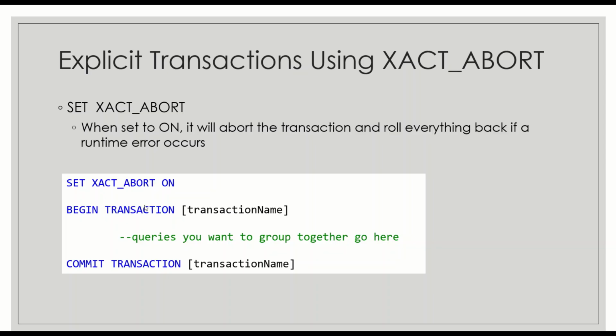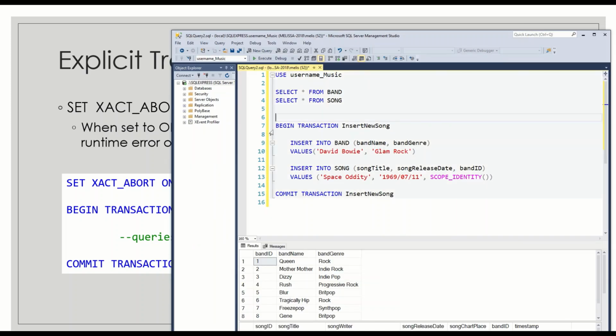And when we set that to on before beginning a transaction, it will cause the transaction to abort and roll everything back automatically if any errors occur. So let's put our set transact abort to on. And this, like many database settings, is just like a light switch. So it's going to stay on until I turn it off again. By setting this on, it's saying automatically roll back this transaction if something causes an error or fails.